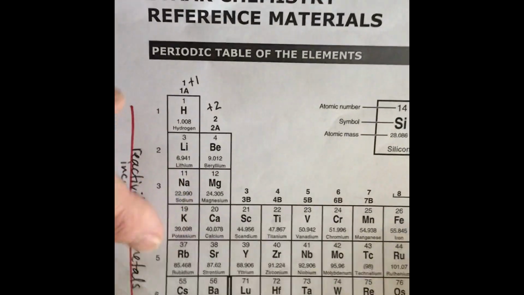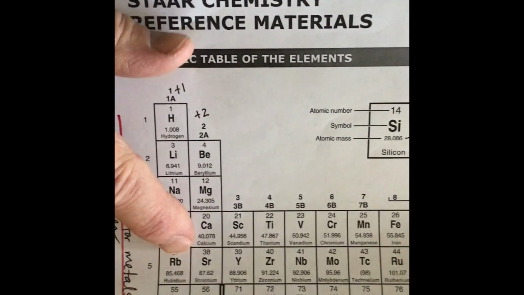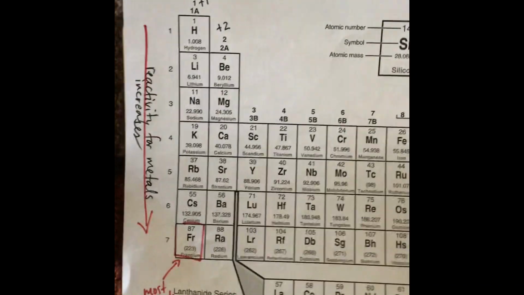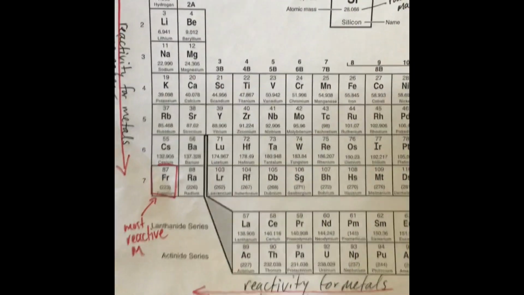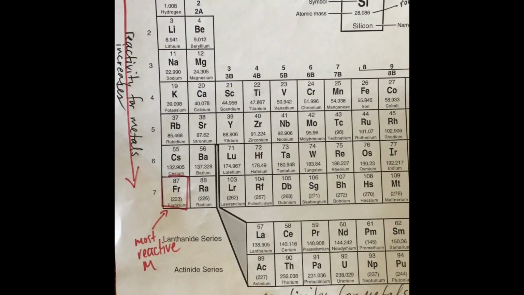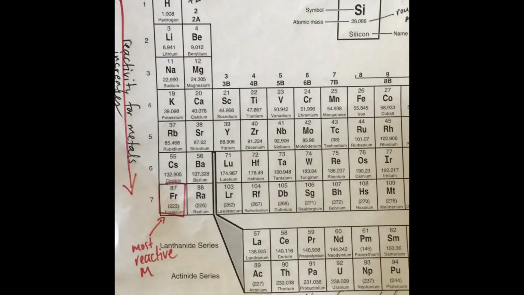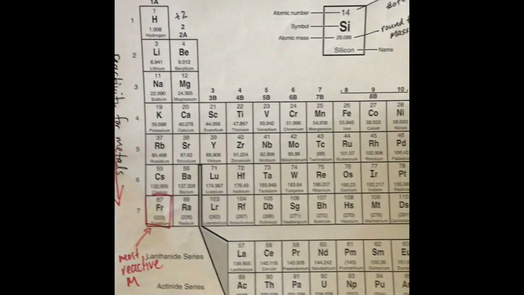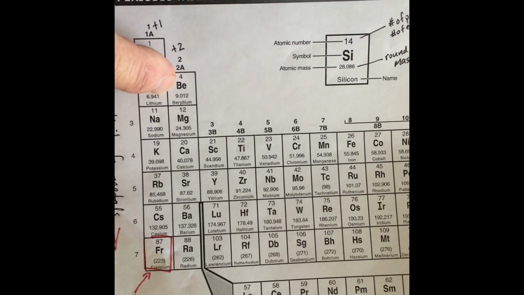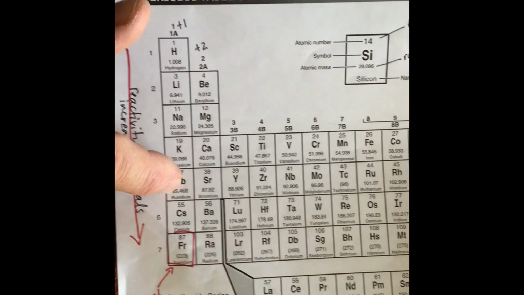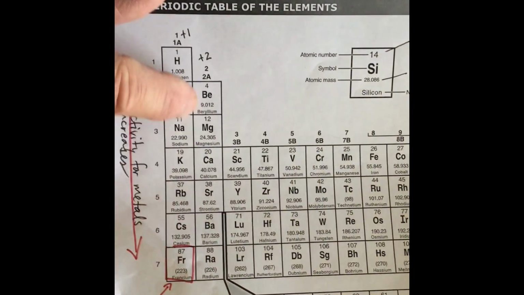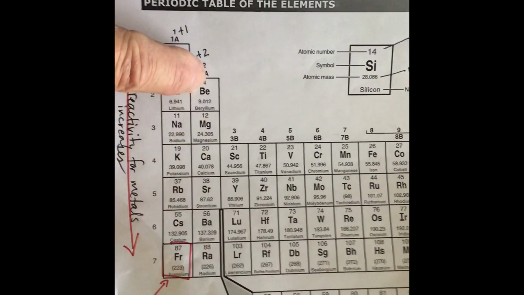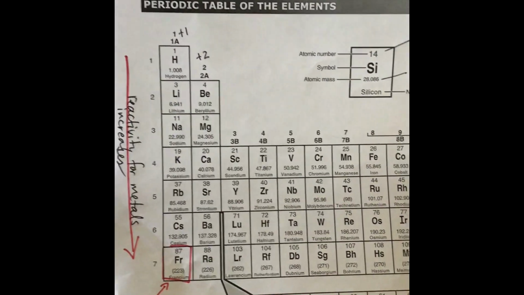Okay, what about strontium and rubidium? That's right, rubidium. Rubidium is going to be more reactive than strontium because it's easier to lose one electron than two. And for beryllium, it's easier to lose the electron down here on the fifth energy level than the second. That's why strontium is more reactive than beryllium.